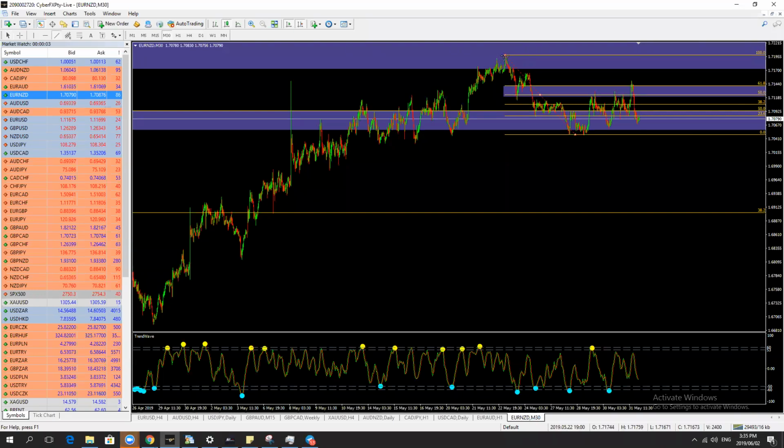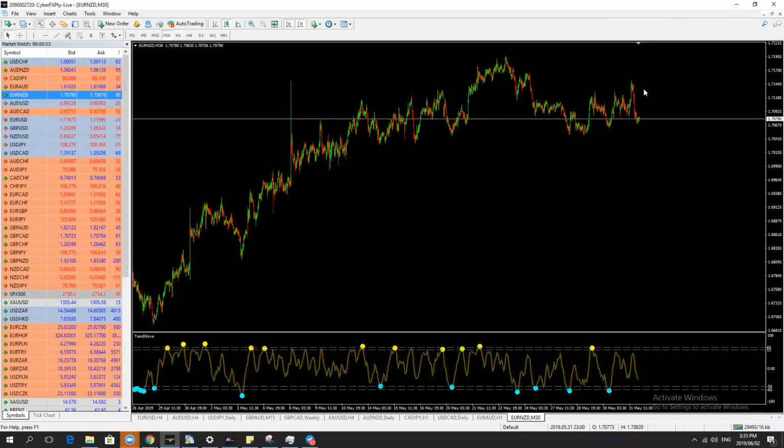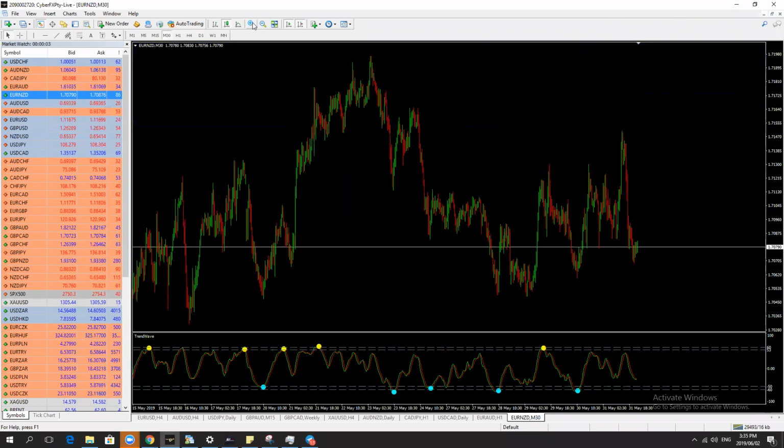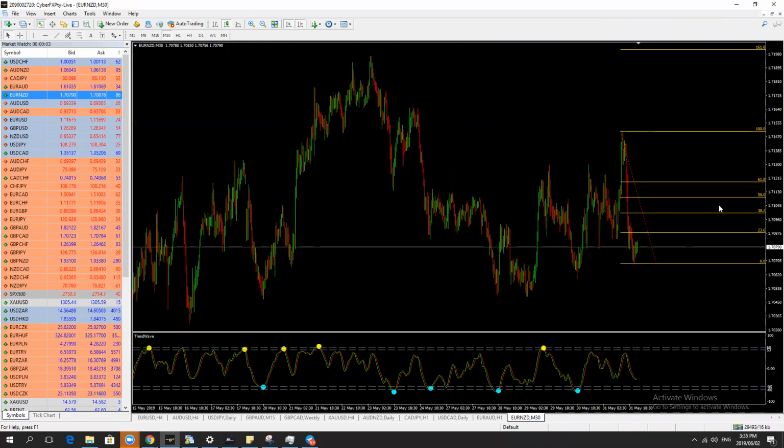So this is still fresh, so it could retrace a bit. If it is gonna retrace, and I'm looking for a 5-minute entry, I'd fib this last downtrend there and look for an entry somewhere there to continue down.